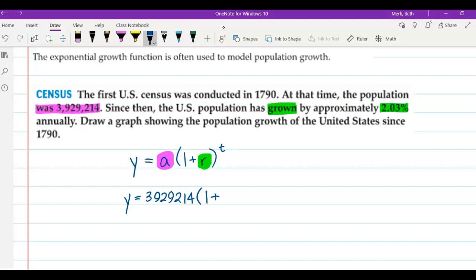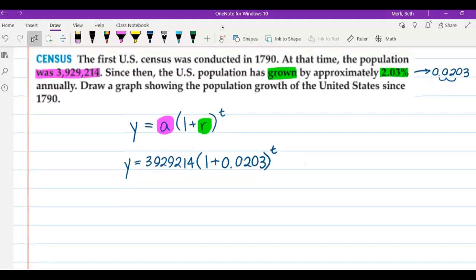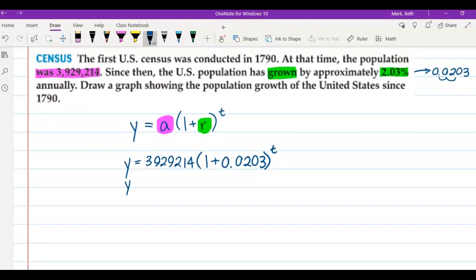Now, when we put this in, we don't want to use the percent symbol, so we need to convert it to a decimal, which would be 0.0203. Because you move your decimal 2 places to the left to convert it. 0.0203 to the t. And the only thing left that we could do to tidy this up, we can simplify our parentheses a bit and call this 1.0203. Takes out that plus sign because 1 plus this decimal is 1.0203.